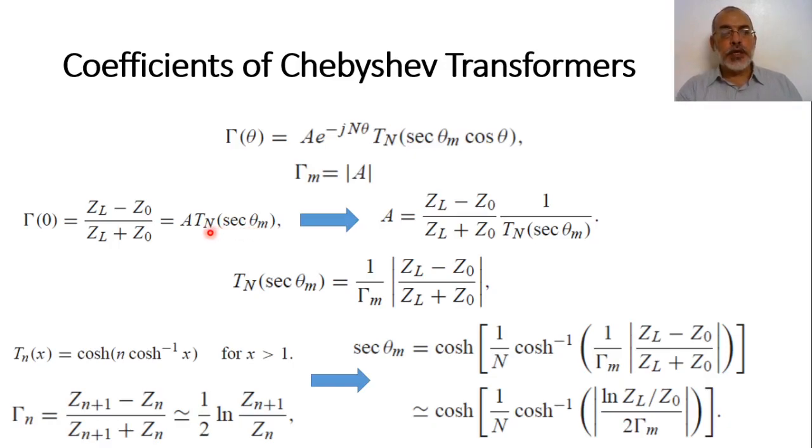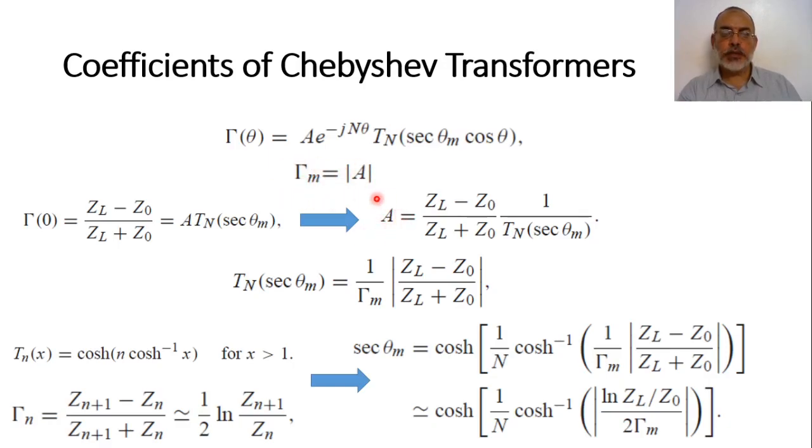And in this case, we can say that the value of A equals z load minus z naught over z load plus z naught multiplied by 1 over the Chebyshev polynomial Tn of sec theta maximum. But we already said that the value of A is gamma m.